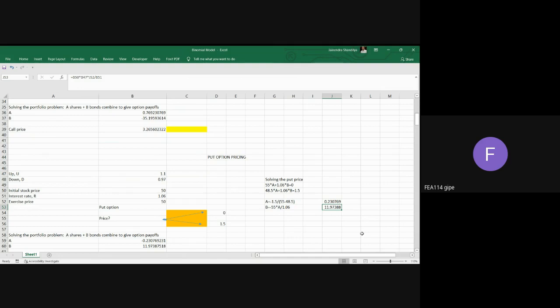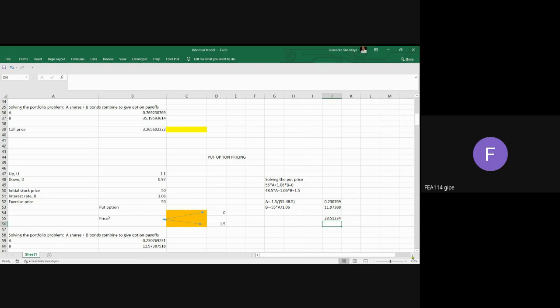If you solve these two equations together, you get A as 0.23 and B as 11.97. And as I told you, once you get the values of A and B, all you need to look at is the starting price. So your starting price equals 50 multiplied by A. Actually, this A value seems to be wrong, but still I will calculate this, plus this.